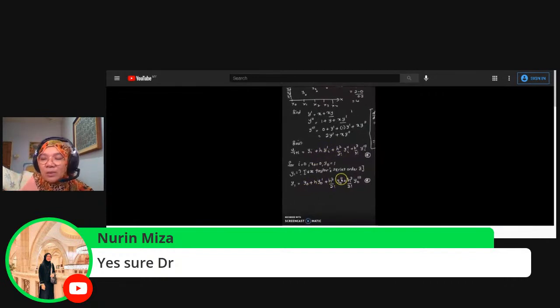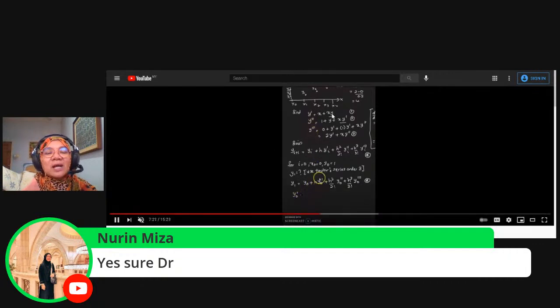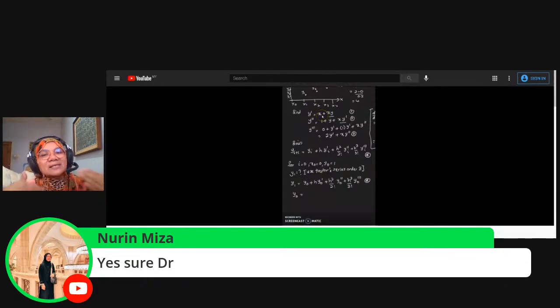So now what should you do? Insert the values: y0 is equal to 1, h is 0.5, and y0 prime is x0 plus x0 y0, following y prime equal to x plus xy. All of this depends on equations 1, 2, and 3.